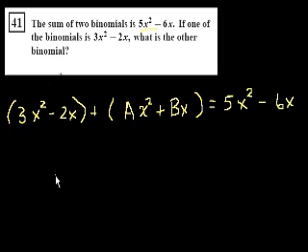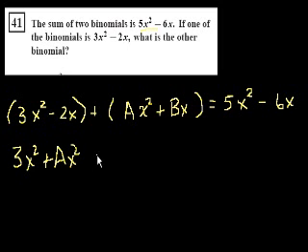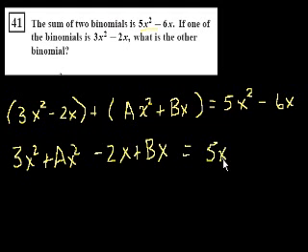Now let's see what we can do. Well, this is a plus here, so the parentheses really don't matter. We can rearrange this as 3x squared plus ax squared minus 2x plus bx is equal to 5x squared minus 6x.